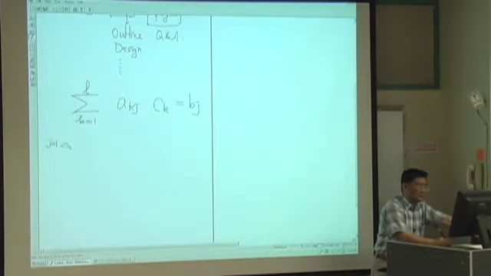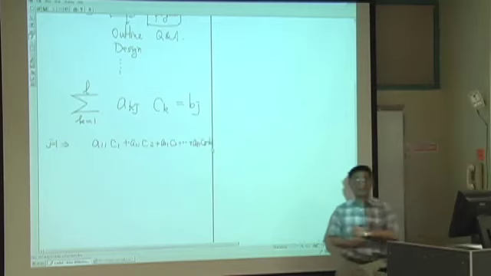Then what happens is this: A11 C1 plus A21 C2, A31 C3, and so on, plus AL1 CL equals B1, right? So this is the first line.